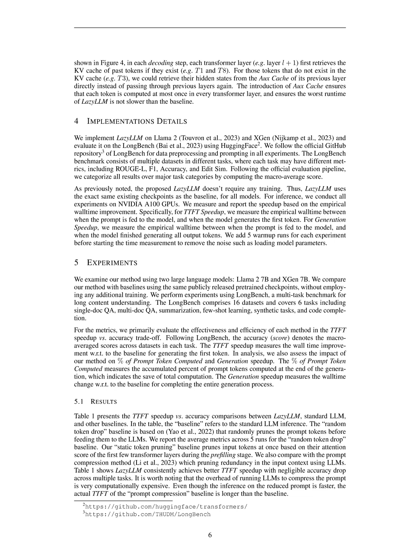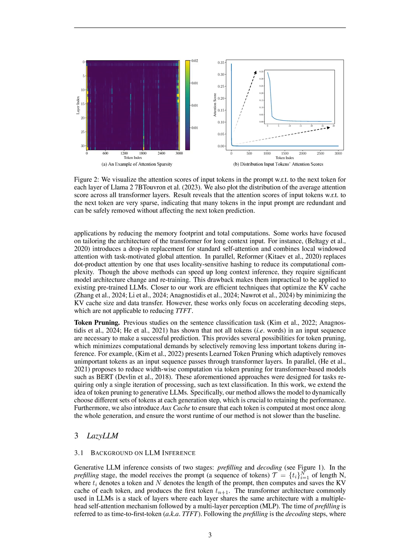The authors validated the effectiveness of LazyLLM through empirical experiments conducted on two large language models, Llama 2 and XGen, using the LongBench benchmark, which encompasses 16 datasets across 6 different language tasks. They reported metrics such as time to first token, TTFT speedup and accuracy, comparing LazyLLM against standard LLM inference and other baselines like random token drop and static token pruning.